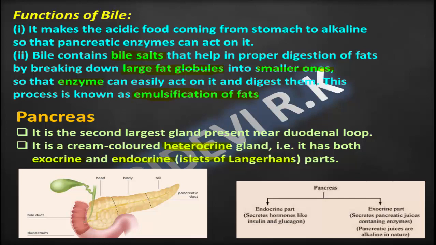Therefore, it is referred to as a heterocrine gland, also called a dual gland, and the endocrine part of the pancreas is known as the islets of Langerhans. The exocrine portion secretes the juices and the endocrine portion secretes the hormone.